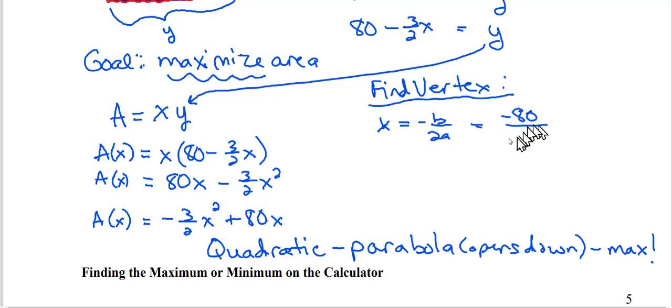So negative 80 over 2 times negative 3/2. Negative 80 over negative 3, so 80 over 3. Or let's see, if we divide that, what do we get? 26 and 2/3.